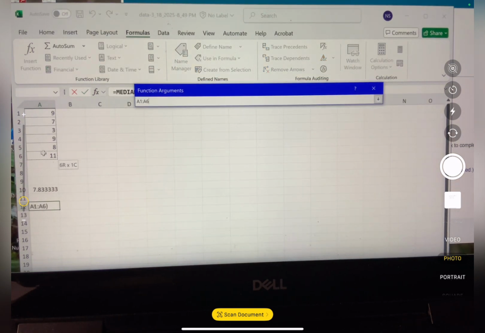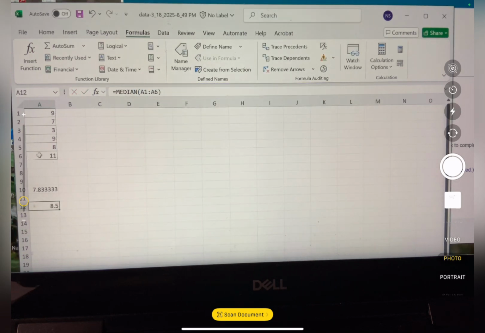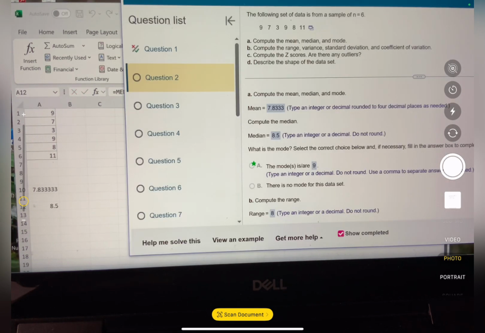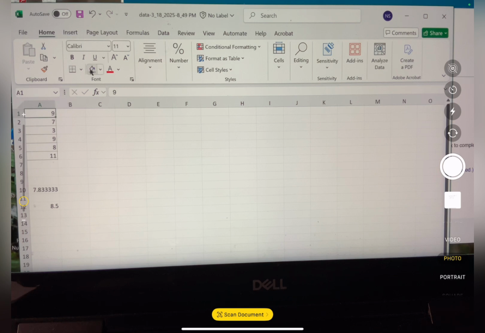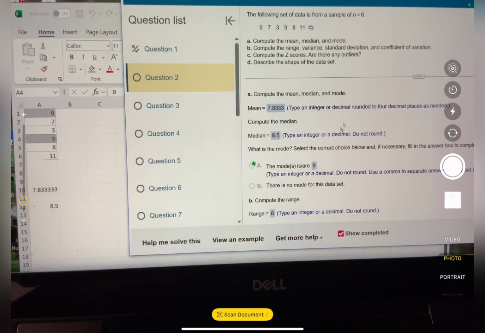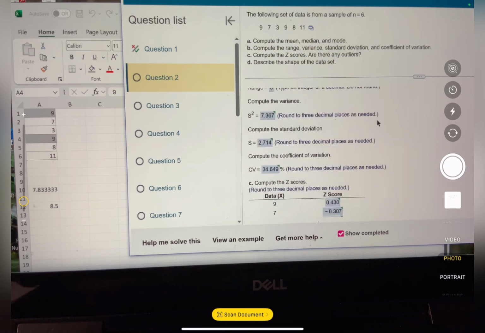Highlighting real quick, and I got 8.5. All right, we got 8.5. Now mode. For mode, we can just look and see what we have. We have 2 times 9, right? Clicking home. Mode is the number that is most frequent. So 9 is going to be our mode. Here we go.